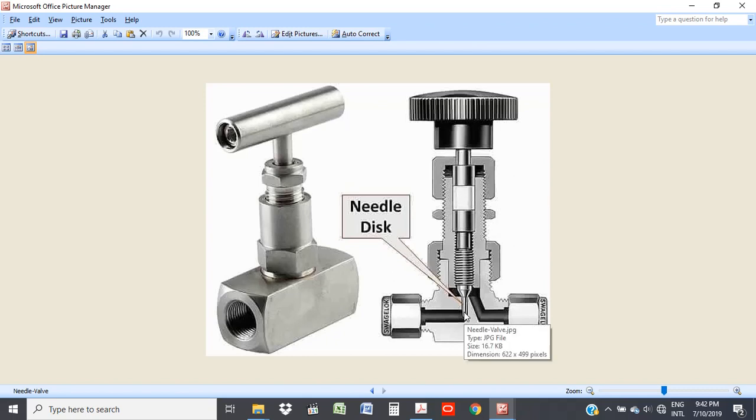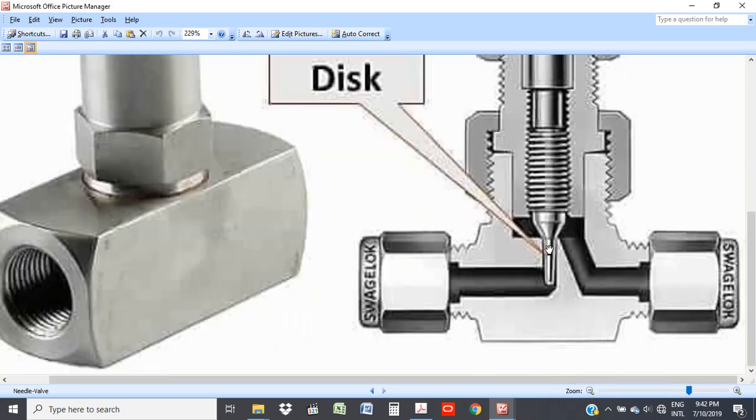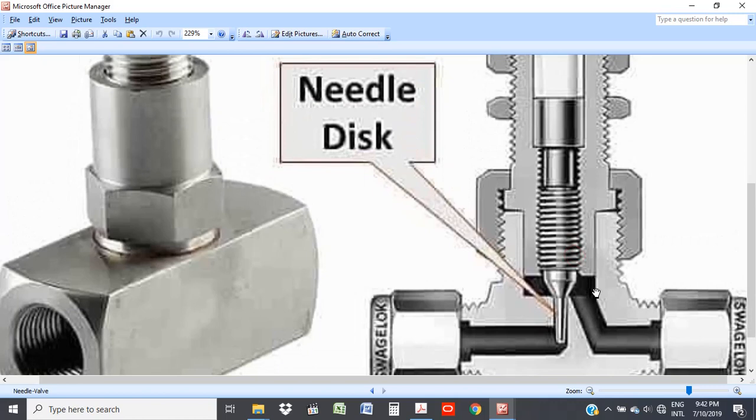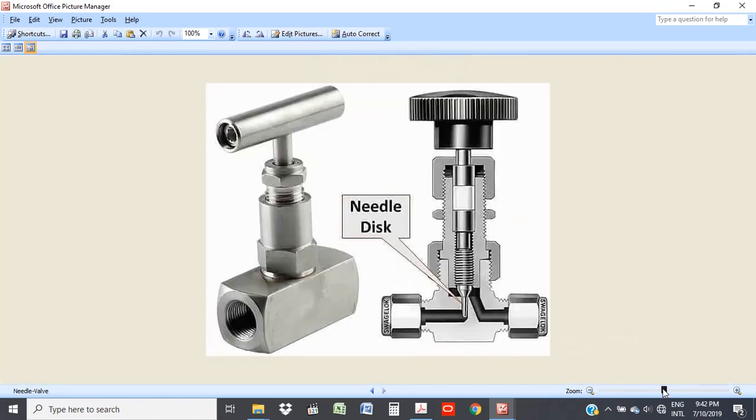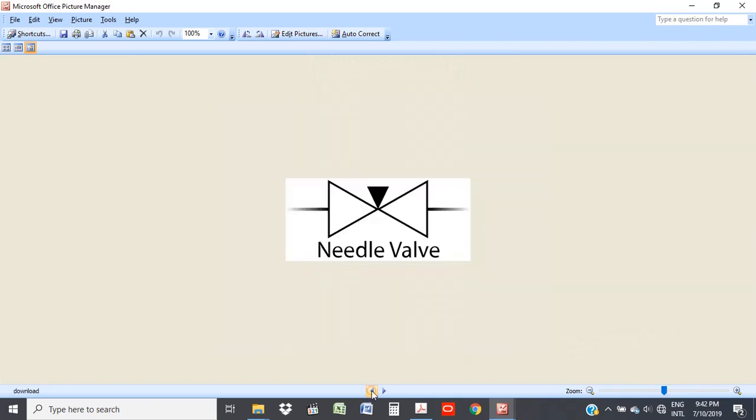Look at it here. This is the needle. As you're raising it up, it allows the flow to go through very, very slowly. You can increase it very gradually. It allows very precise control of flow. So that's what we call a needle valve, and this is the logo for a needle valve here.